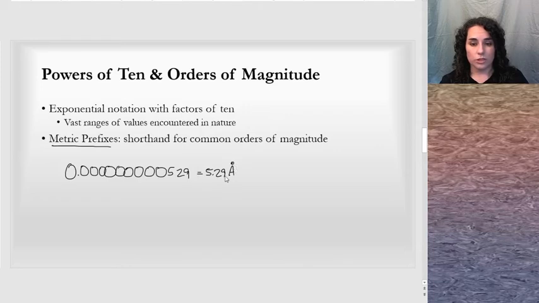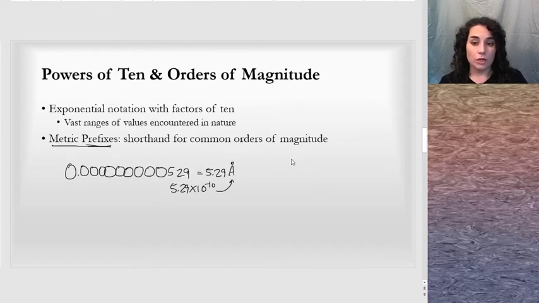I'm pretty sure that's the right number. Or I can just say that, angstroms, right? So this is, when I wrote it out, I was going to 5.29 times 10 to the negative 10th power. But the shorthand with metric, and we can do this with many other ones, right, is that we just assign it a special prefix. There's a special prefix.